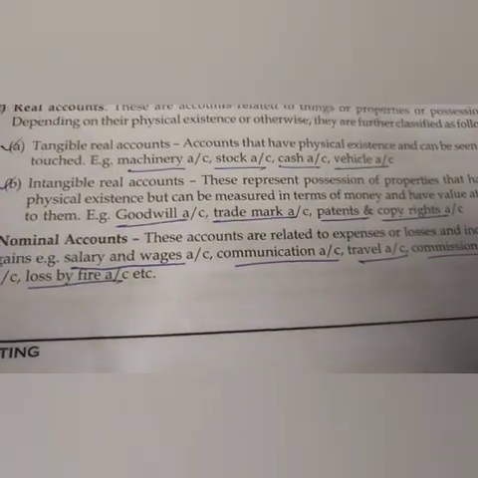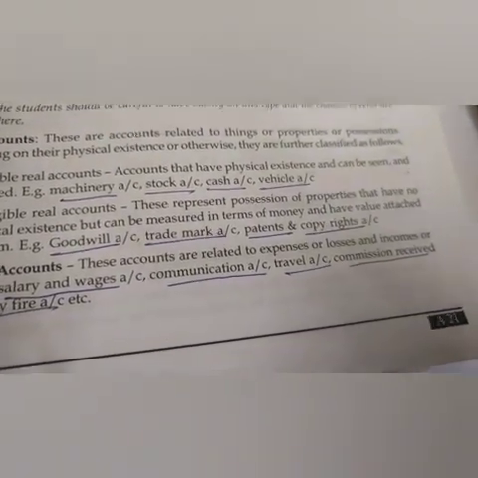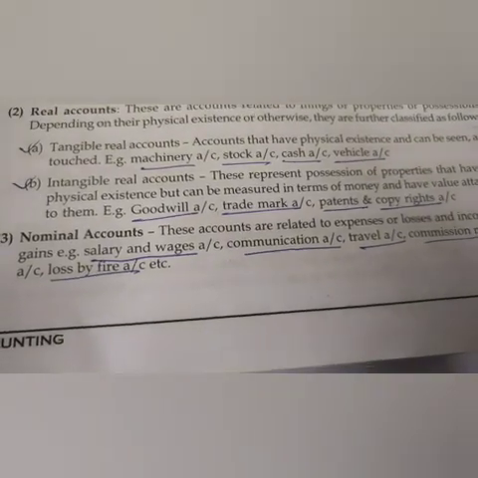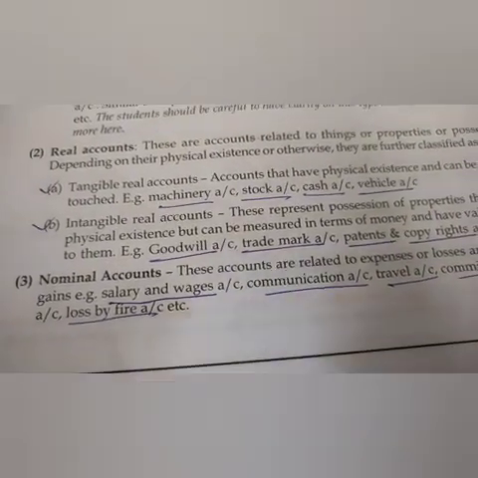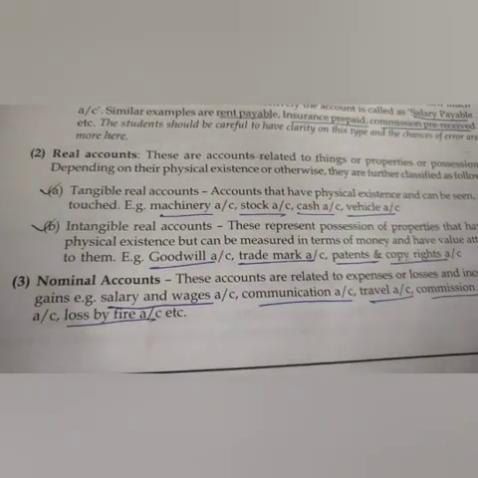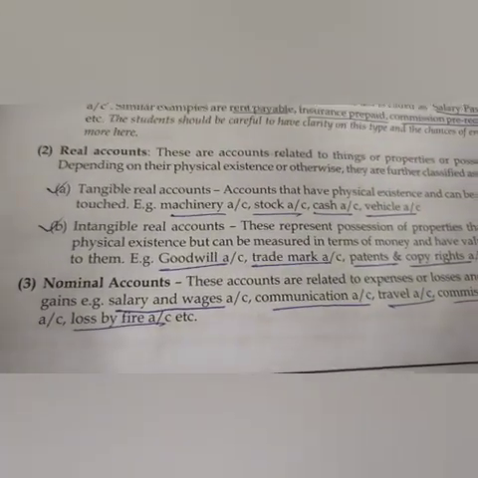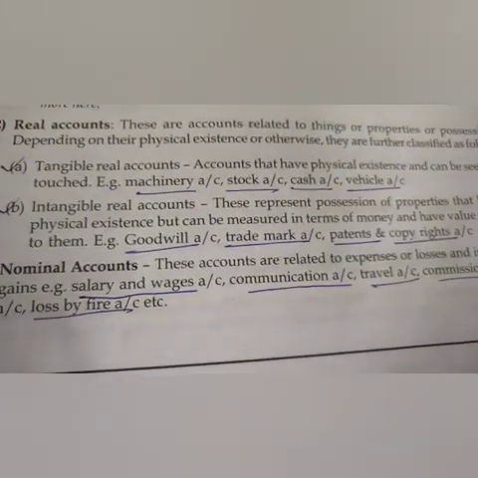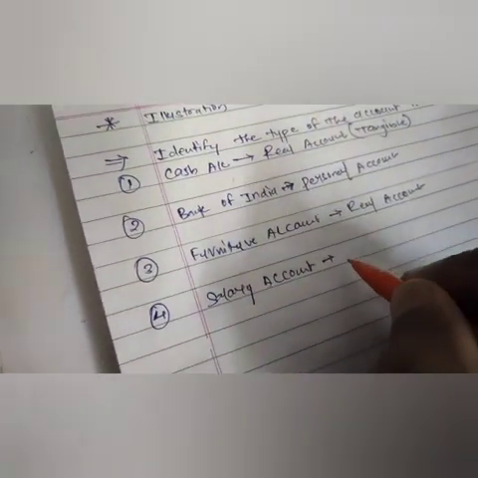These accounts are related to the expenses or losses and the income or gains: salary and wages account, communication account, travel account, commission received account, loss by fire account. So salaries and wages are included in the nominal account. The rule applied here is that the salary account comes under the nominal account. So we can write here: nominal account.